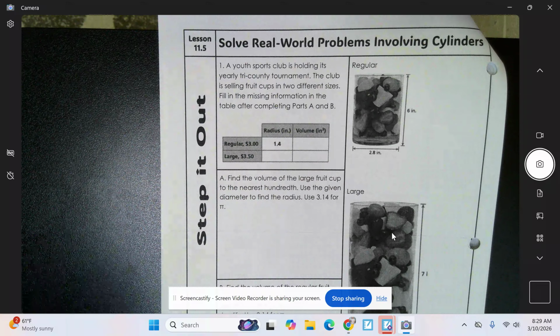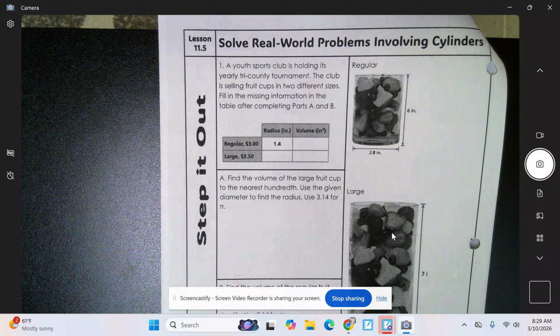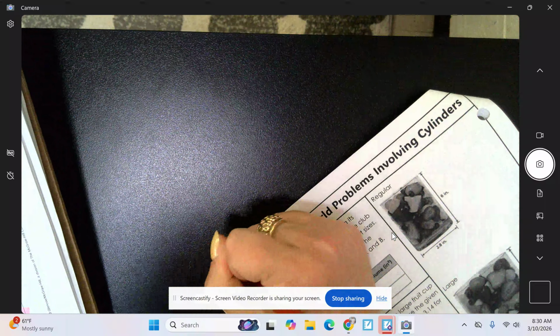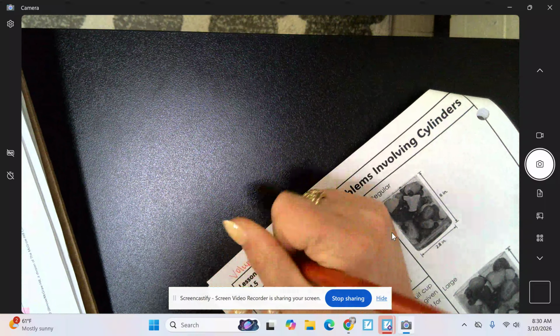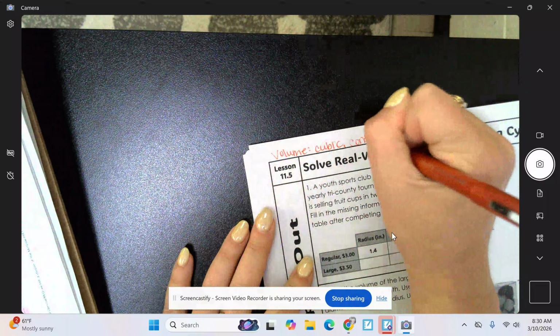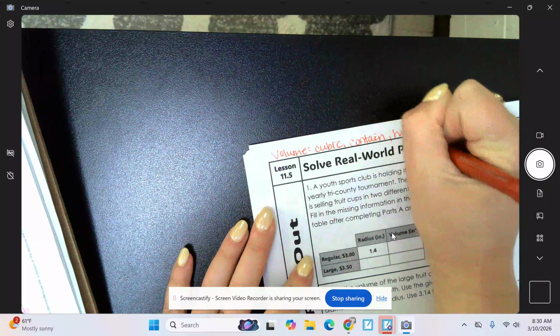Alright, so these are really just word problems, and you just have to pay attention to whether it is asking for surface area or volume. So remember, volume is asking for what? What are some key things that volume is? If it's volume, it's going to have things like cubic, or how much can it contain or hold.